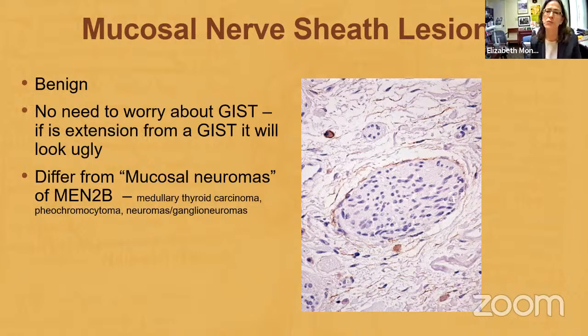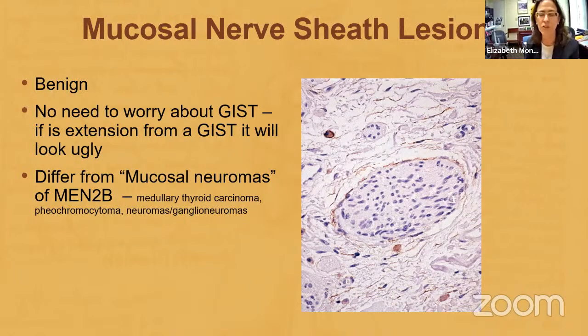You don't really need to worry that there's extension from a gastrointestinal stromal tumor. If that's the case, the lesion will be quite cellular. The thing you want to pick out is the mucosal neuroma of MEN2B. If you're like me, you can't remember the MENs and have to look them up.